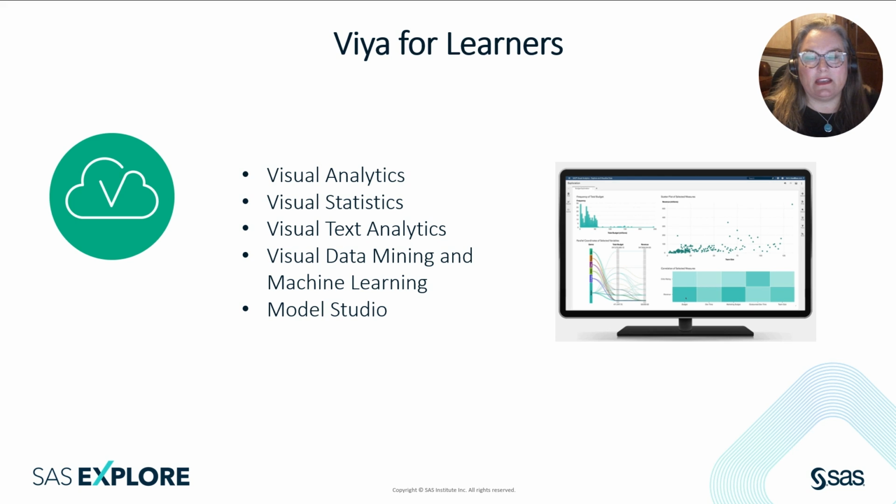So Viya is the platform, and on the platform, we have a variety of different applications. The applications that we will focus on today are going to be Visual Analytics and Visual Statistics. But just so you know, we do have other applications like Visual Text Analytics, Visual Data Mining and Machine Learning, and Model Studio.